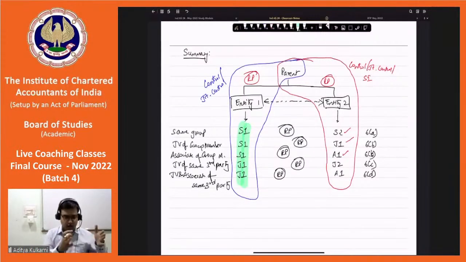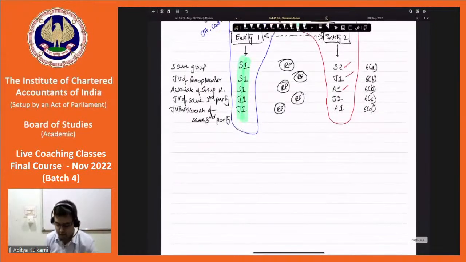There has to be control or joint control, either of the two, on one side. The other side can be anything. It could be control, joint control, or significant influence.